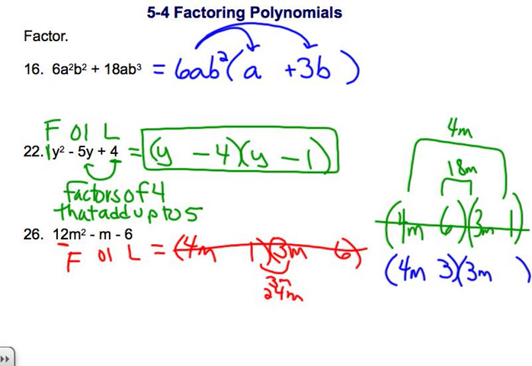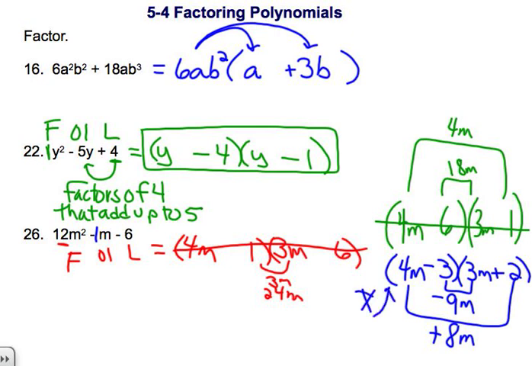If I put a 3 here and a 2 here, I get 9m and 8m. This time, we do get a difference of 1 in the middle here, and since we want a negative 1, we need a negative 9 and a positive 8. So we would make this negative 3 and a positive 2. So this right here is our answer.